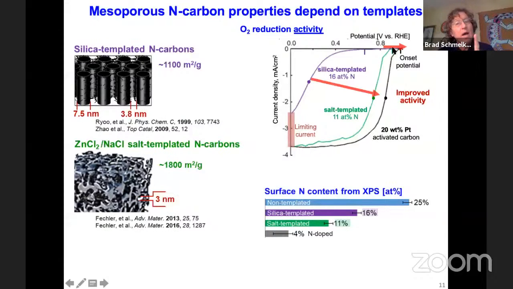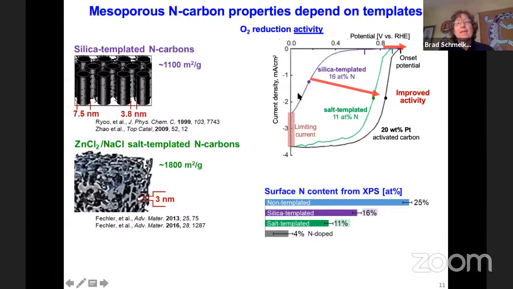So not quite as high an onset potential, which is a little bit less suitable, but it has a limiting current down here of about minus 3.8 milliamps per centimeter squared, which is practically the same as the 28% platinum on activated carbon. So this salt templated material has really interesting properties with no platinum whatsoever, and gets very close to the properties that you would desire for these hydrogen fuel cells. So this looks like it's got some potential commercial opportunity.